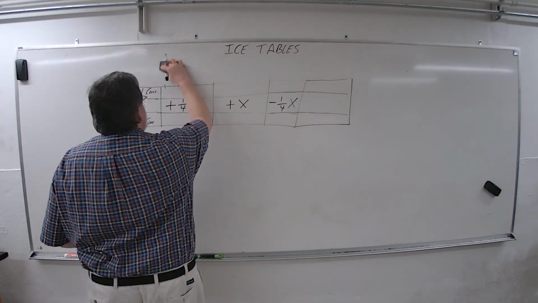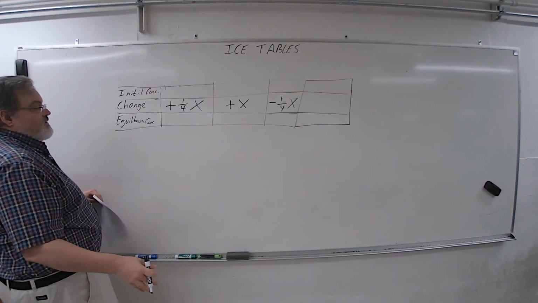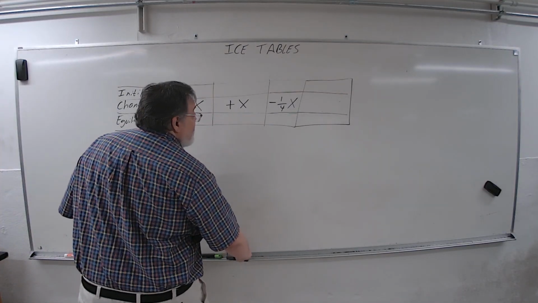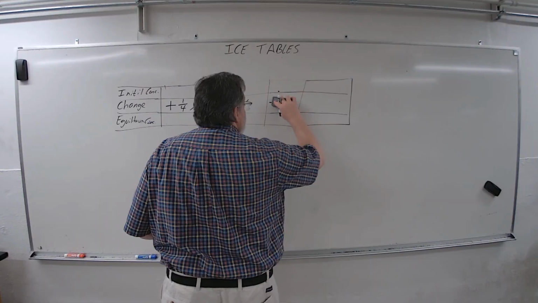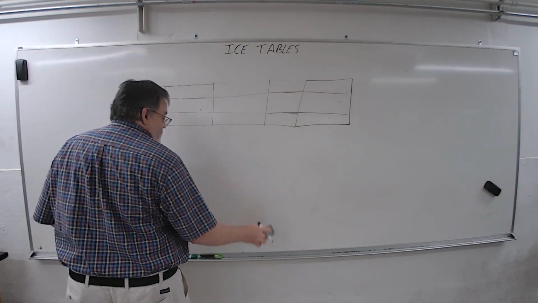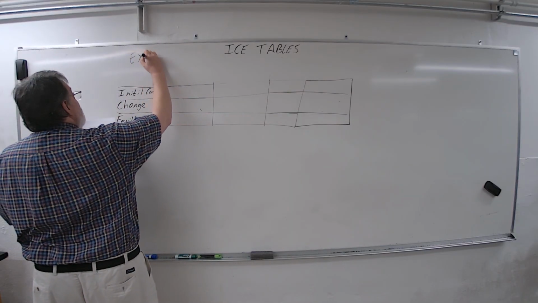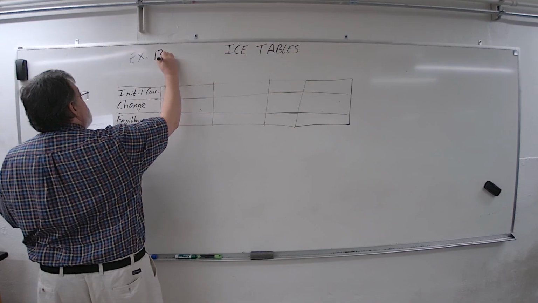So generally for ICE tables, you're trying to associate initial concentrations and final concentrations. And there's also the K value for whatever equilibrium you're talking about. This is actually exercise 13.7.